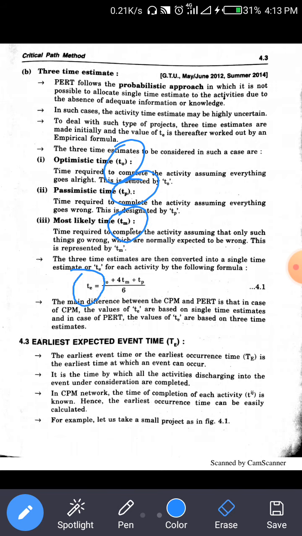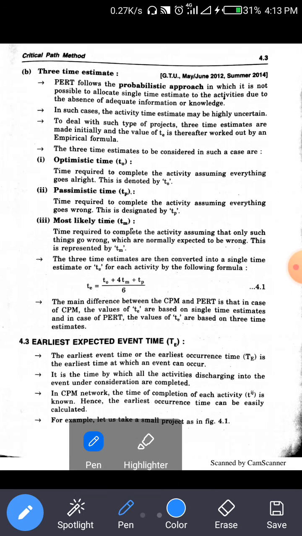Now what is TO? TO is the time required to complete the activity assuming that everything goes all right, and this is the optimistic time.